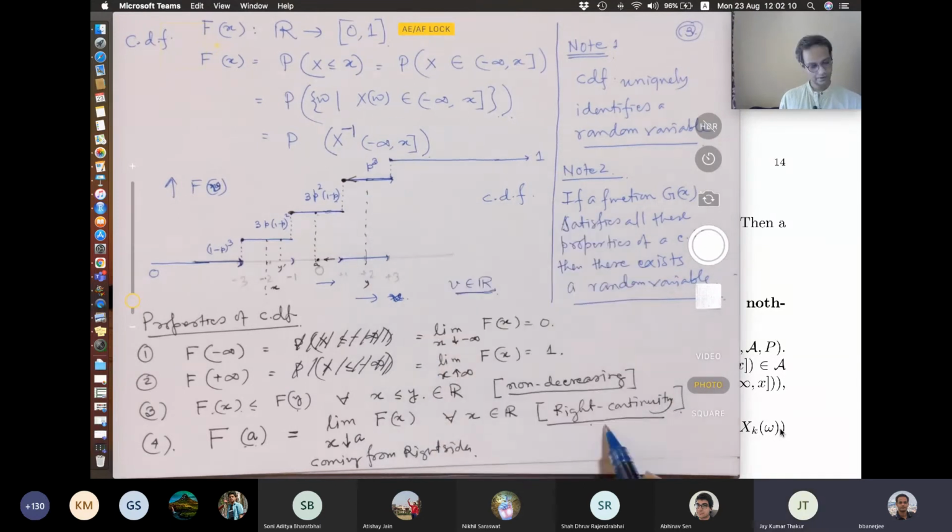Sir, which means this function is not satisfying the properties of CDF? Why? These are the properties of CDF. Because of the fourth property, I have never told that it will be a continuous function. I have told that it will satisfy the right side continuity. I have never told that it will satisfy both side continuity. When you come from the above or right hand side, it will satisfy the continuity.